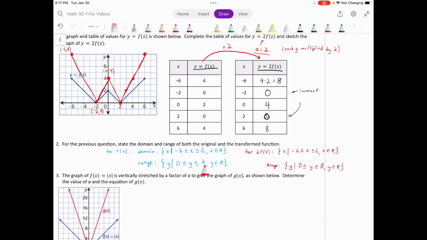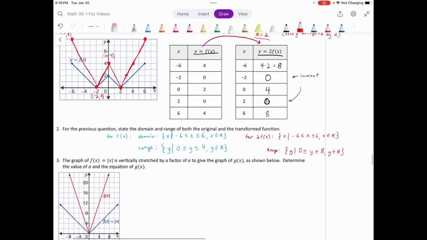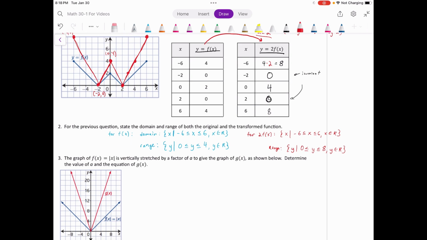They're part of the graph. Those are the y values, but now this is twice as high. It's just that twice of 0 is still 0. All right, so hopefully that makes sense, right? That the range would have changed in that way, but the domain stayed the same because we didn't do anything to mess with those x values.